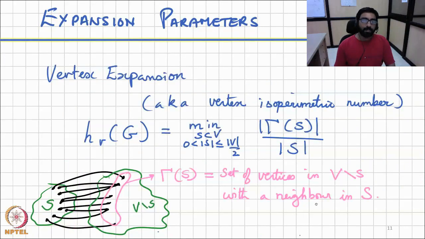In a similar fashion, we can also define the notion of vertex expansion. And this is very, very similar. It's also called the vertex isoperimetric number. Just like in edge expansion, we're going to consider all the subsets of the vertex set of cardinality at most half the number of vertices.